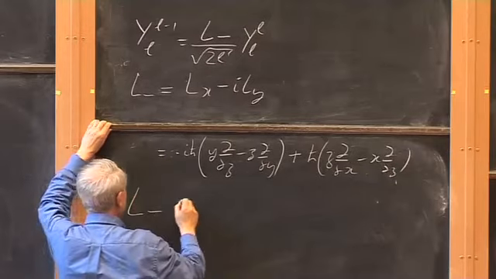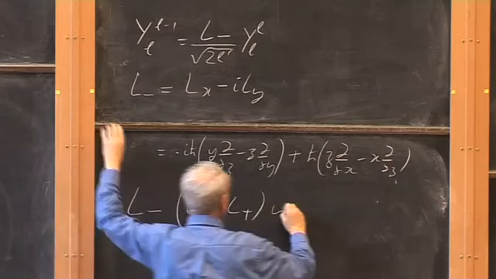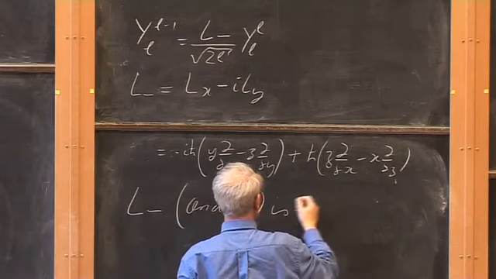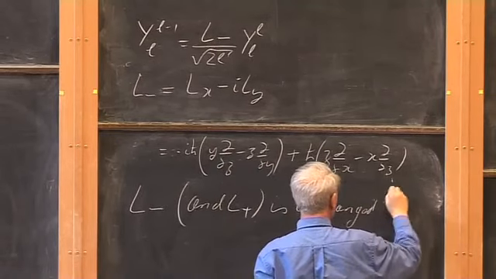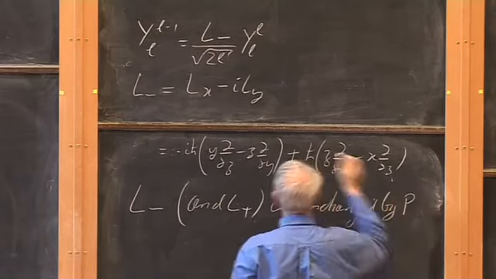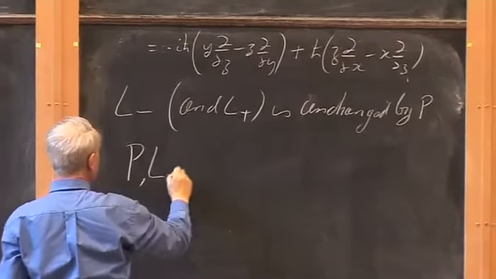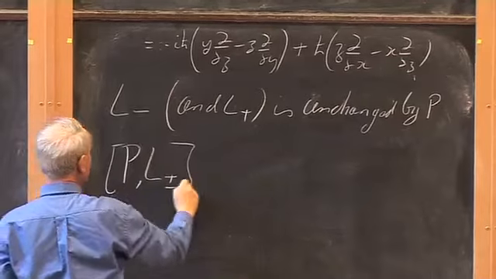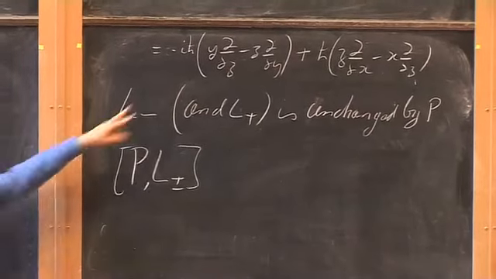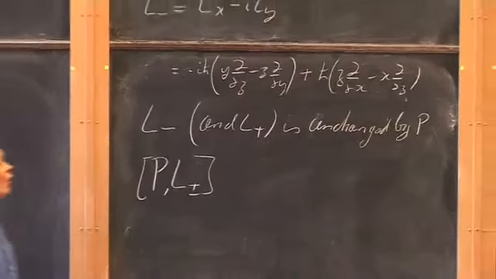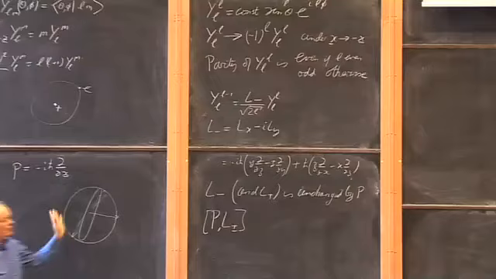So L minus, and also, as a matter of fact, L plus, is unchanged by P. The strict mathematical statement is that the parity operator commutes with either of these animals. Indeed, all the angular momentum operators commute with the parity operator, basically because they contain products of positions, or if you like, ratios of positions, whatever.